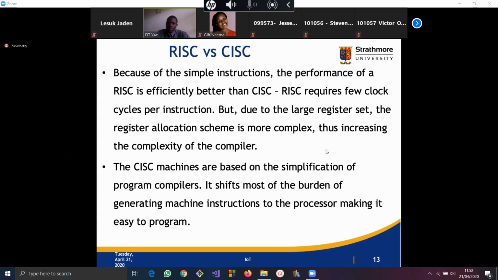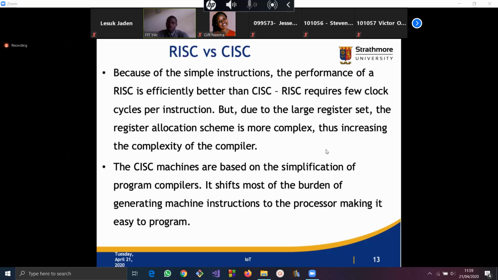So that means if you are employing RISC, you'll need a complex compiler, but a simple processor. So that is the trade-off, okay? You employ the RISC strategy, you have a very powerful compiler, but a very simple processor. Because now the compiler will have to do a lot of the breaking down of the instruction to what is manageable for the processor.